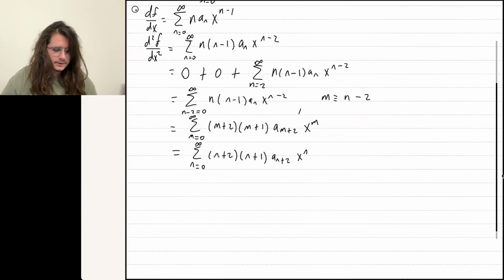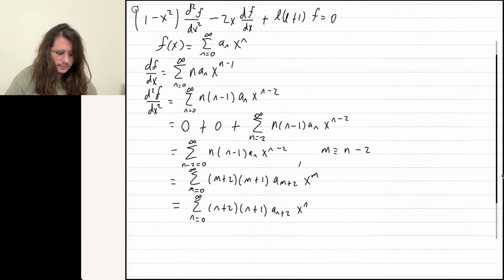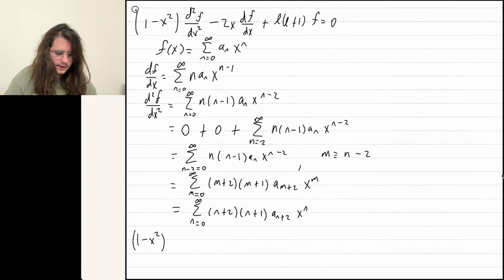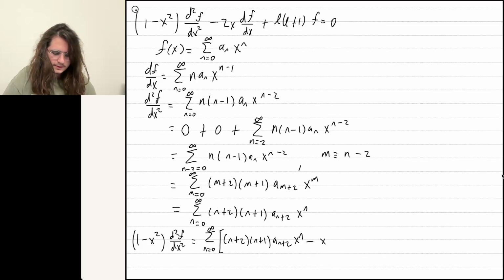Fancy stuff there. So now when we write (1 minus x squared) d squared f dx squared in the differential equation, we can use this expansion for the first term in there, so it's going to be a sum on n from 0 to infinity of n plus 2, n plus 1, a sub n plus 2, x to the n, minus x squared, and then for the x squared term you actually use the first form of the expression that we got.